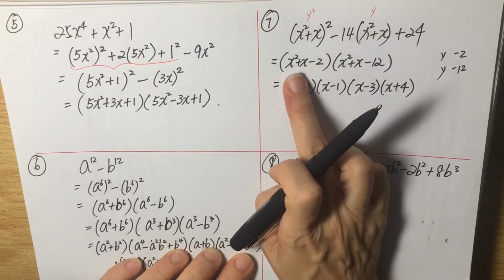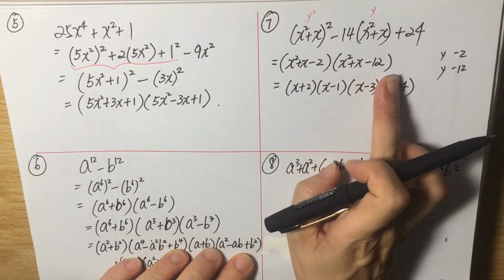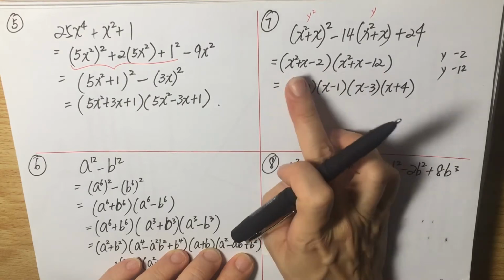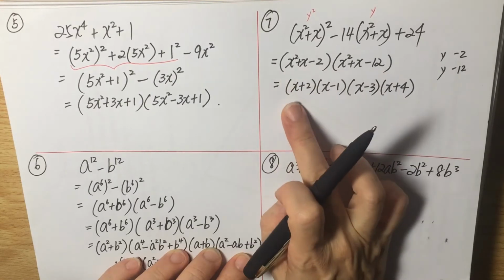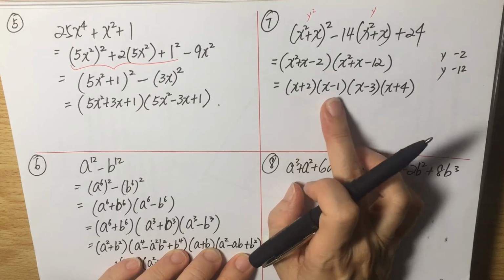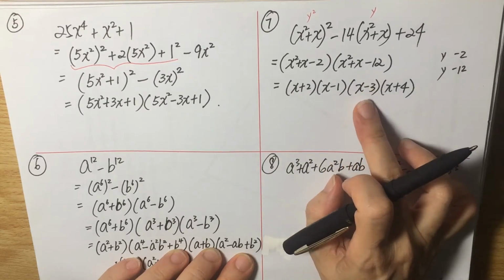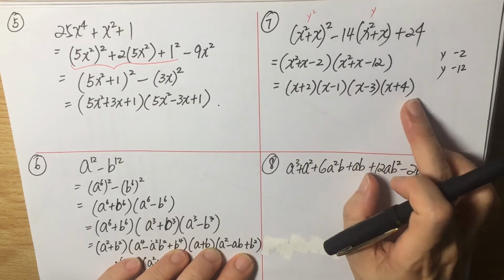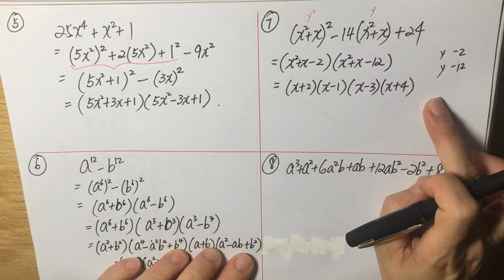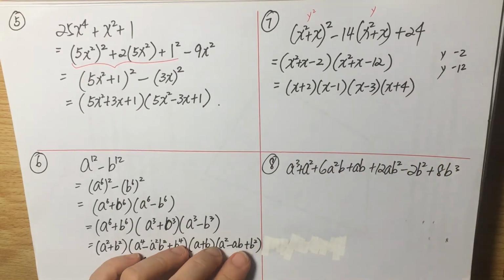Okay, so there's y minus 2, y minus 12. So actually this one can further be factorized to be (x plus 2)(x minus 1), and this one factorized to be (x minus 3)(x plus 4). And that's all. They are all not the same, so you cannot do anymore.